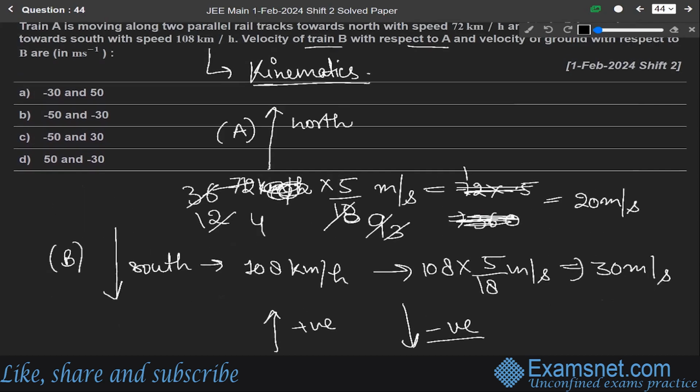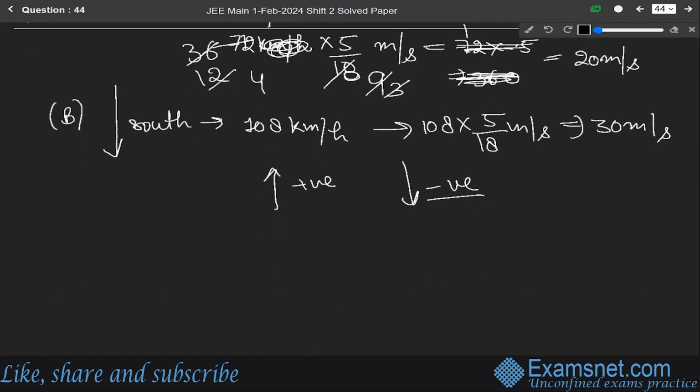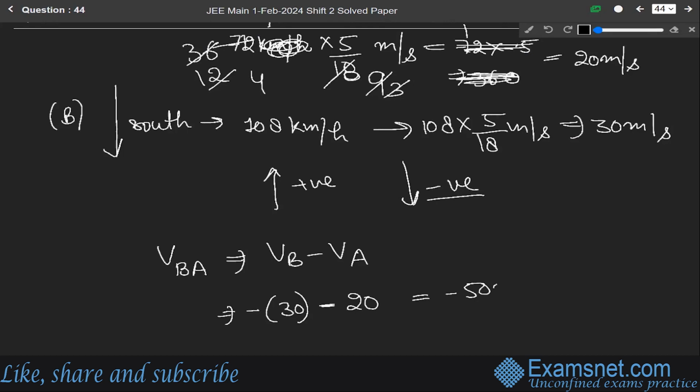We have to find the velocity of train B with respect to A. So velocity of B with respect to A means velocity of B minus velocity of A. Velocity of B is minus 30, minus velocity of A which is 20, means minus 50 meter per second.